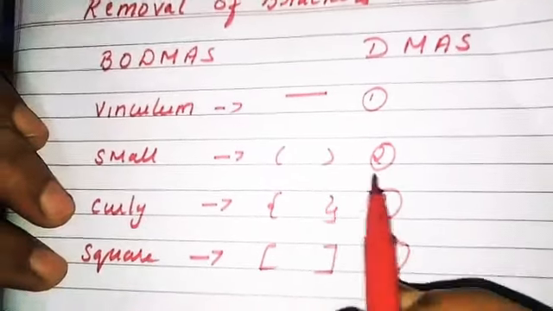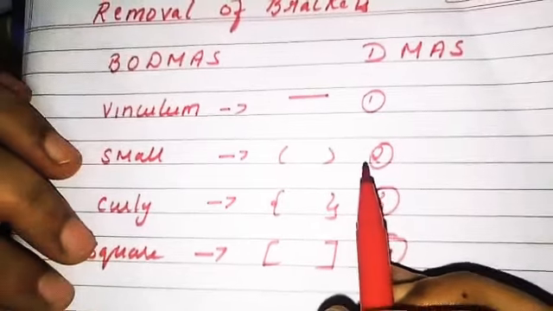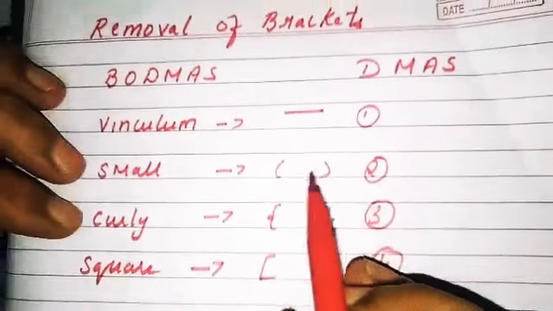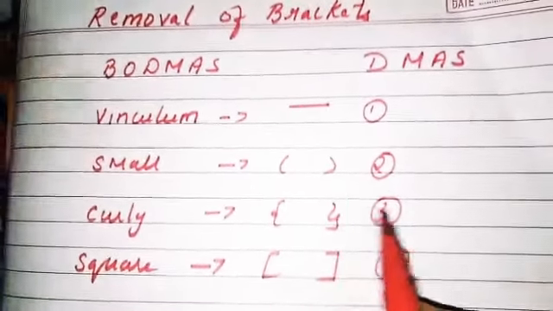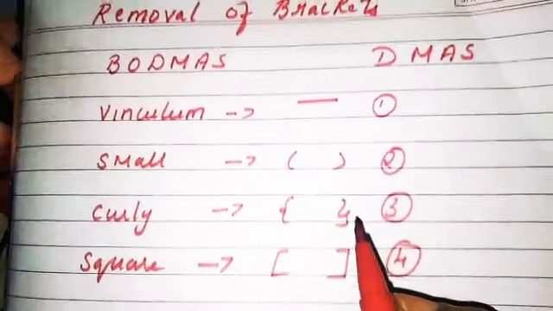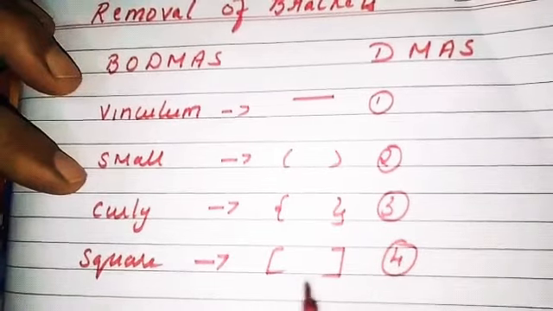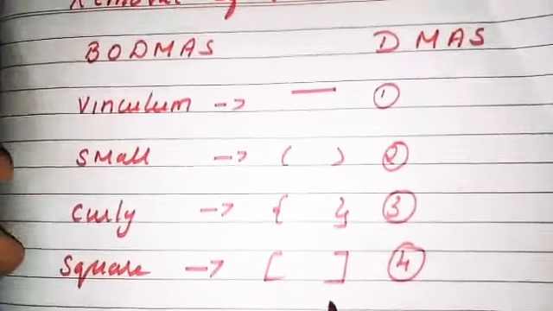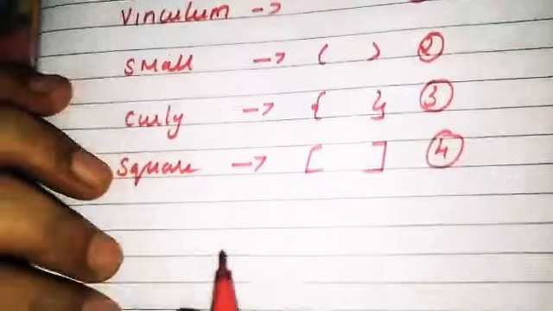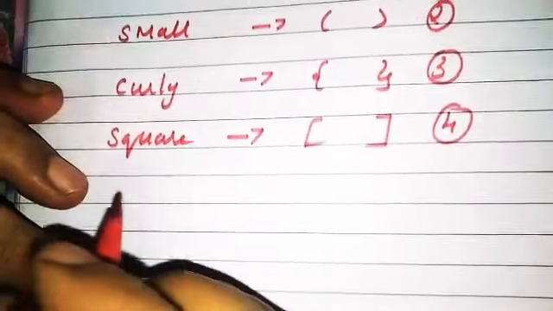Second, we solve the expression given under the small bracket. Then we solve the expression given under the curly bracket, and finally we solve the expression under the square bracket. So let's check this out by doing one sum.